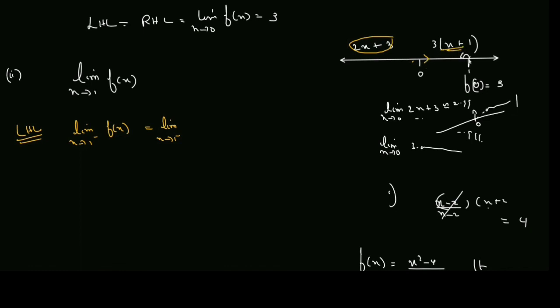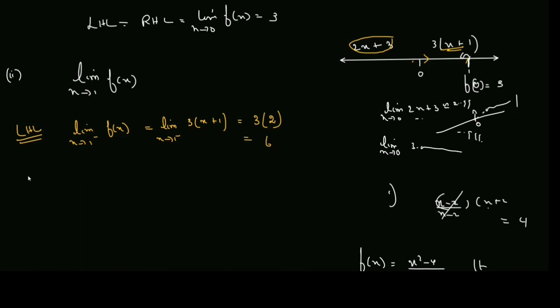So this is the function which is left of 1. So that is 3 into x plus 1. So just put x is 1. Straight away put x is 1. Substituting actually a number very close to 1, because it is a polynomial, you will get approximately the same value. So whenever you have to find the limit, substitute this value, as you substitute to find the value of the function, it is equal to 6.